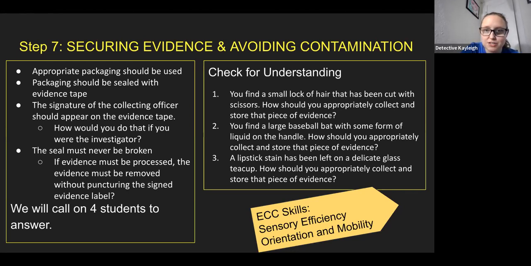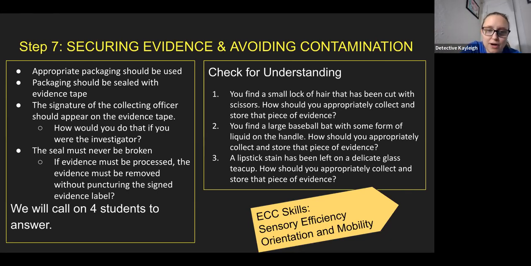So some people use signature guides, excellent. Some people use normal pens. Yeah, so we're gonna wanna use a permanent writing utensil to sign our names on the seal. We also, in addition to our signature, are going to put the date and the time that we have placed our evidence inside of that collection bag.